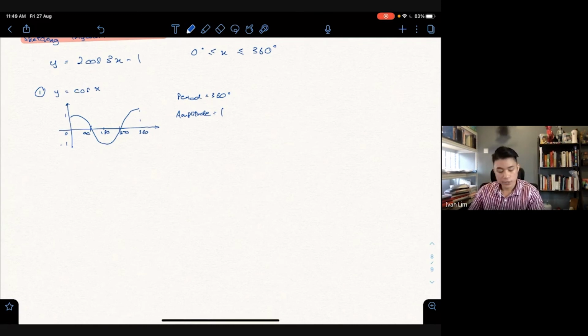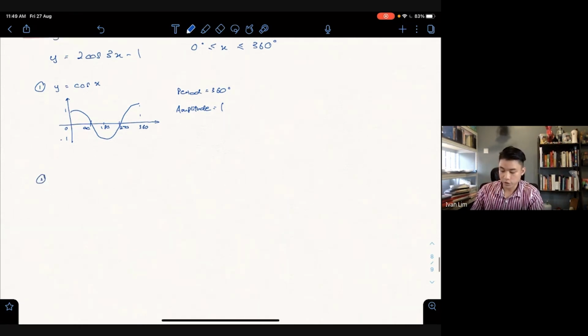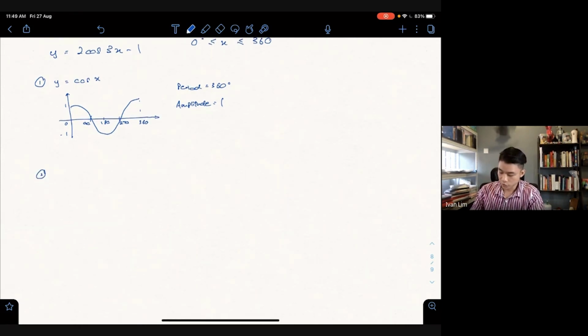Okay, second one, let's sketch out the graph of cos bx. Actually, whether you draw a or b first doesn't matter, but let's just follow the textbook for now. Cos 3x. Cos 3x means what? Okay, my period will divide by 3, right? So you all go calculate what's the period first. Period equals 360 by 3 equals 120 degrees.